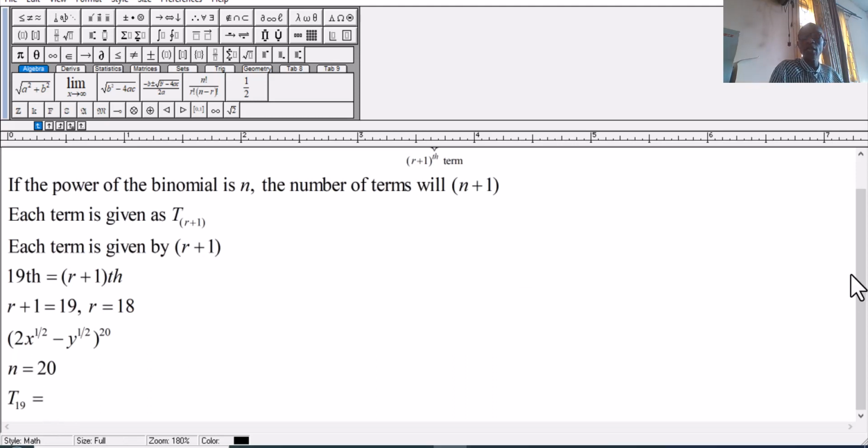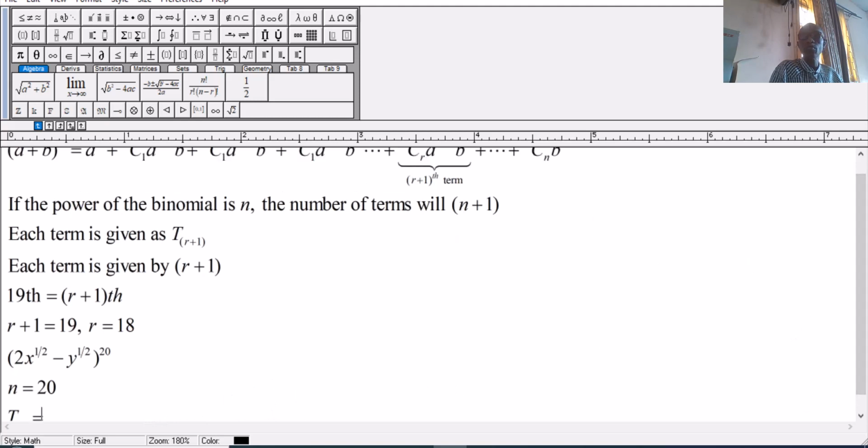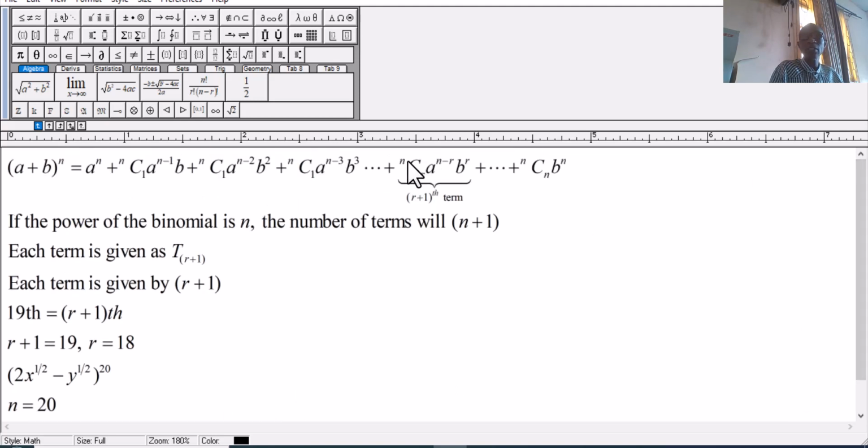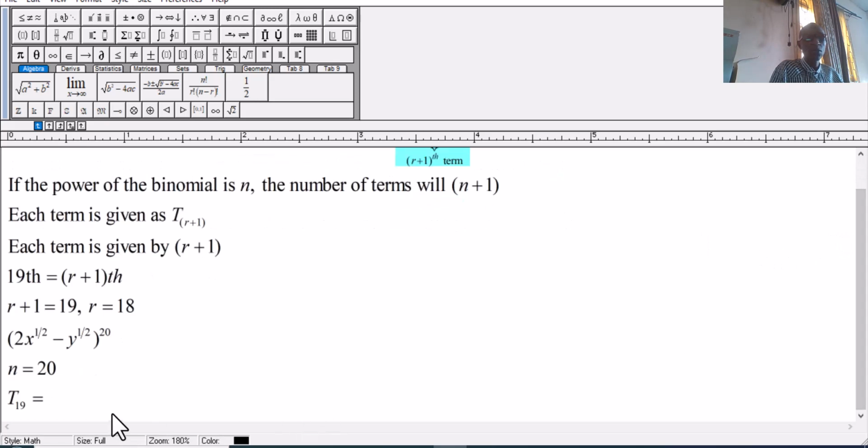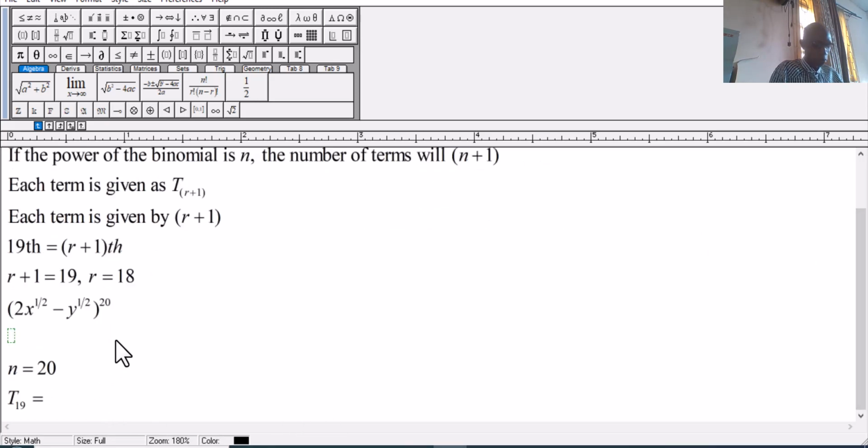So I told you earlier on, each term, the (r plus 1)th term, will follow this pattern. For this particular one, it will follow n combination r. Let's just imagine that we don't know the value of n and r.